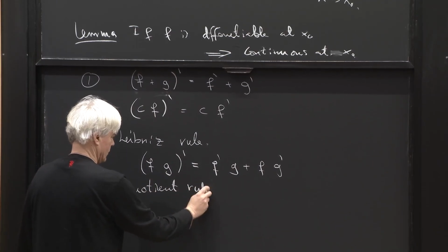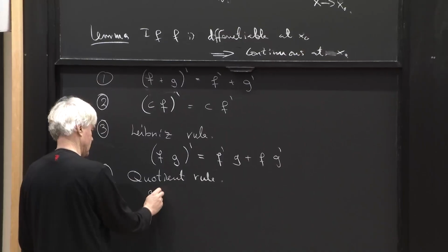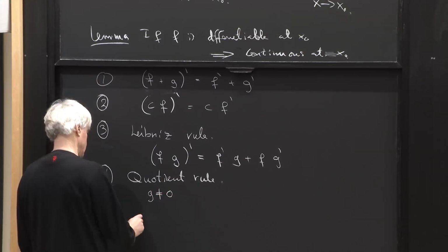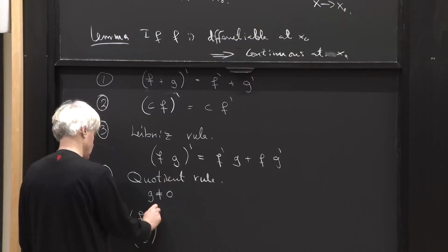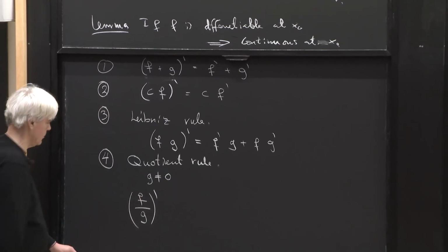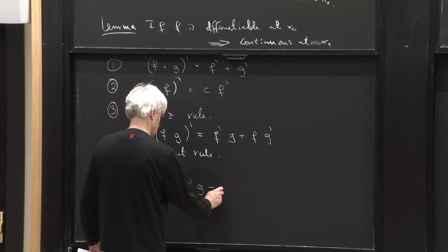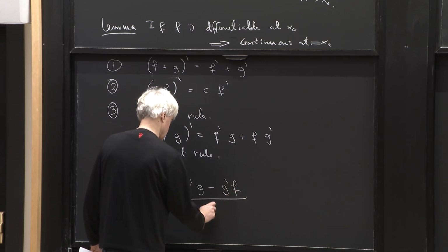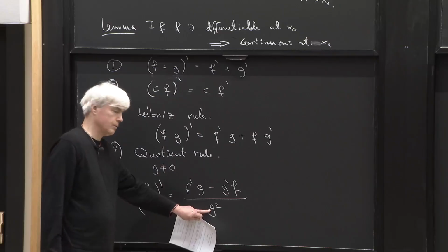You have again these two functions, you assume that g here is not equal to 0 at any point, and then you're looking at the quotient. And the quotient is also differentiable, and the derivative is given by this formula, where the denominator is the function g multiplied by itself.